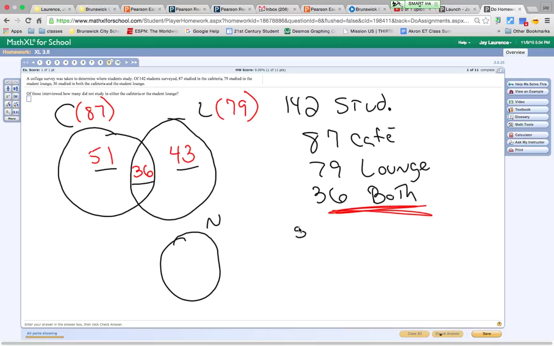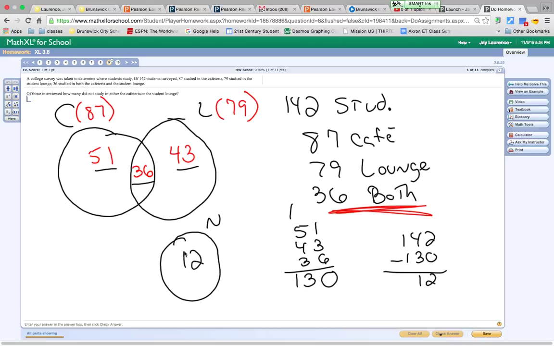So I'm going to go 51 plus 43 plus 36, and that's going to be a 0, carry the 1, and that's going to be 130. So there are a total of 130 students right here. Well, if there's 142 total students, 142 minus the 130 that studied in either the cafe, the lounge, or both, leaves 12. There must be 12 students.